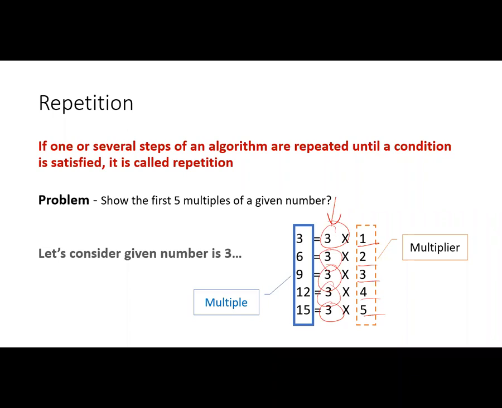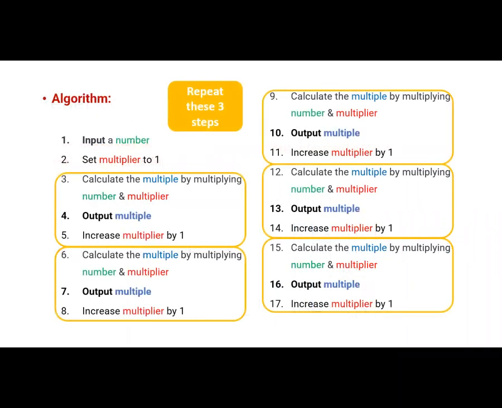Let's look at the algorithm. This is the algorithm, the long one. First step is we need to input the number that we want the multiples of. The second step is we need to set the multiplier to 1.